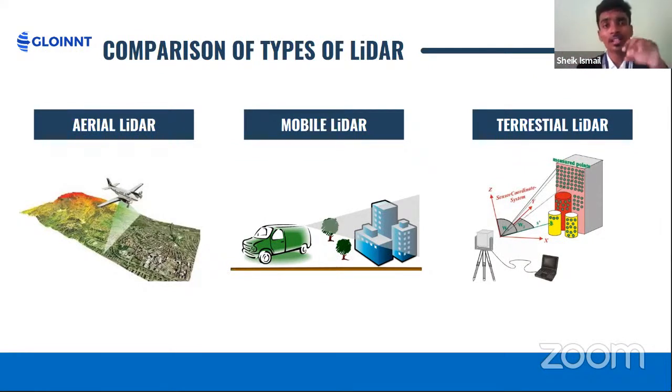Mobile lidar mounted on the top of the car surveys the features nearby the Earth surface. Lidar mounted on the tripod captures, measures, calculates and surveys the features. Hope you all got the idea about all the three lidars.